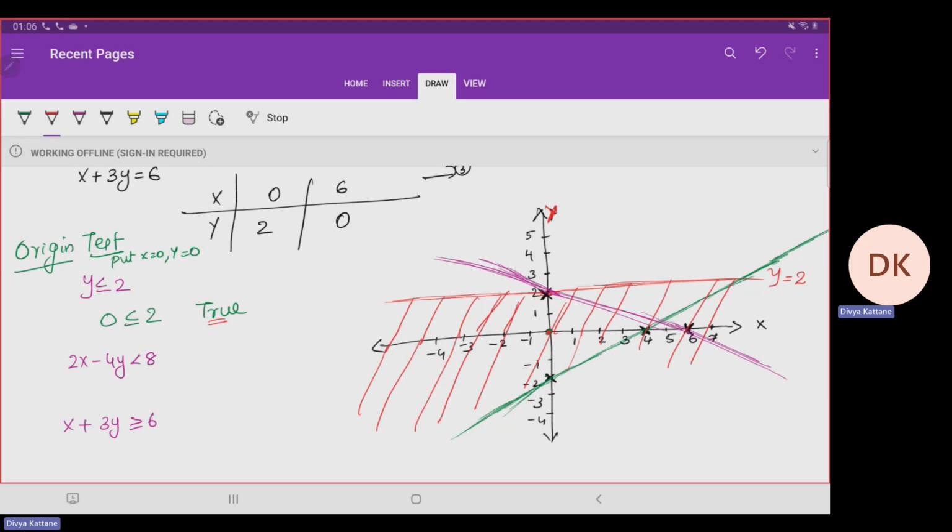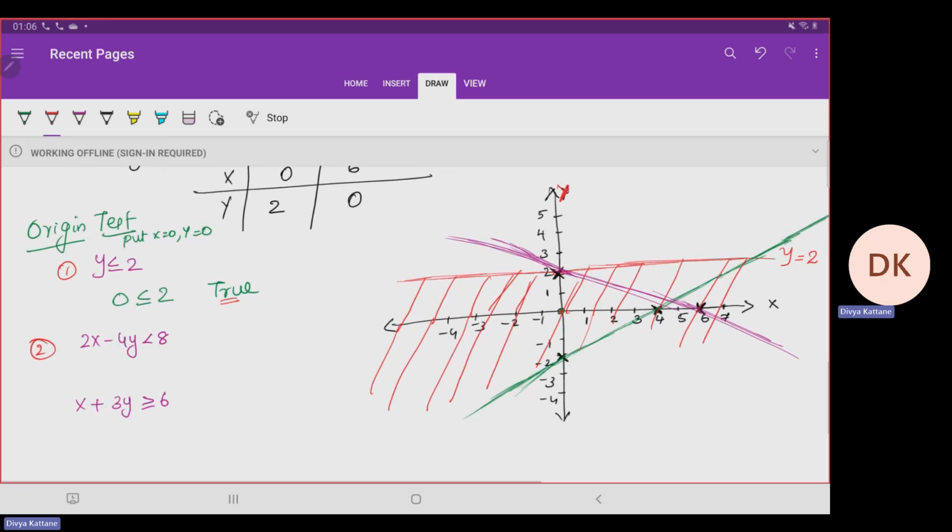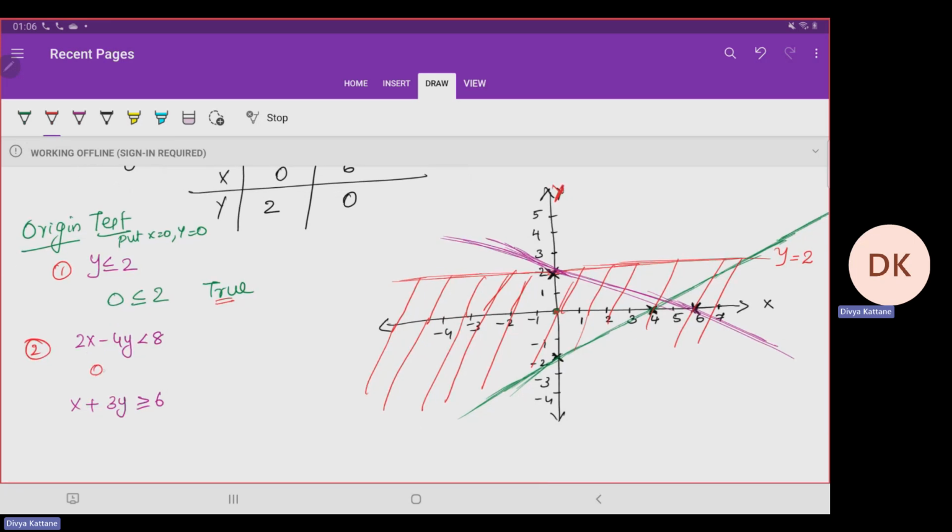So the first one is finished. Now go to your second inequality. When you put x as 0 and y as 0, you will get 0 minus 0, which is 0. So 0 less than or equal to 8.